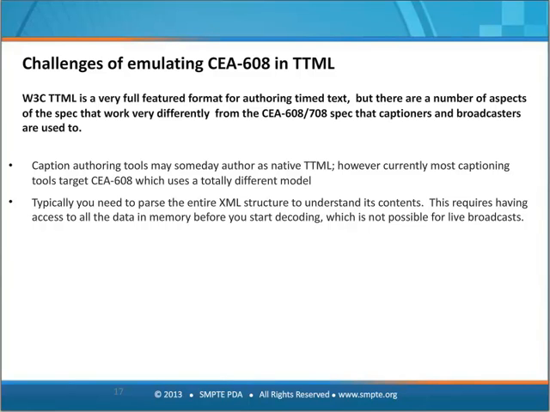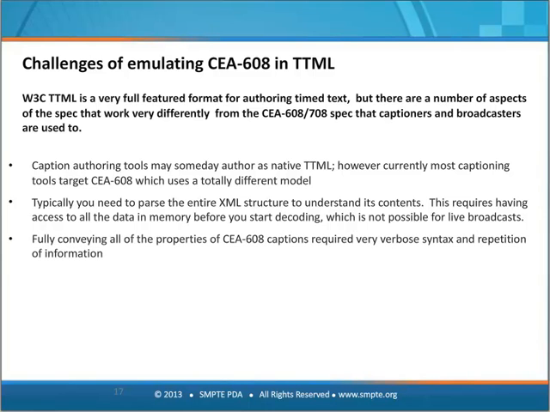To understand a TTML file, you have to parse the entire structure of the file. That means you have to download the whole file first and have it available. That's a problem for live streaming, of course, because you can't download the captions for the whole show before the event has happened. But SMPTE did address that.